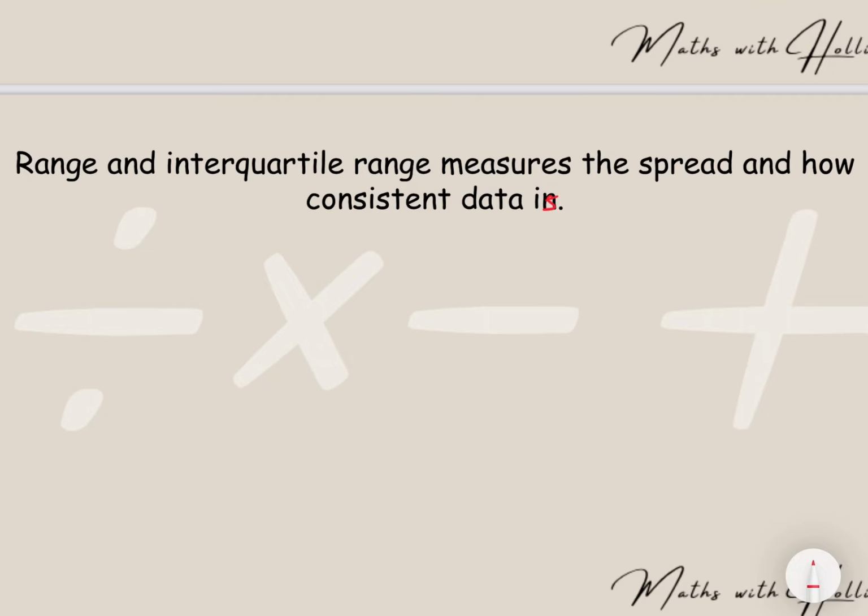The reason we might use interquartile range over range is if you have any outliers. If you have any really small or really large numbers, it won't take them into account if we use the interquartile range instead, because that just looks at the middle 50% of the data. And it might be better to use this sometimes to avoid any outliers.